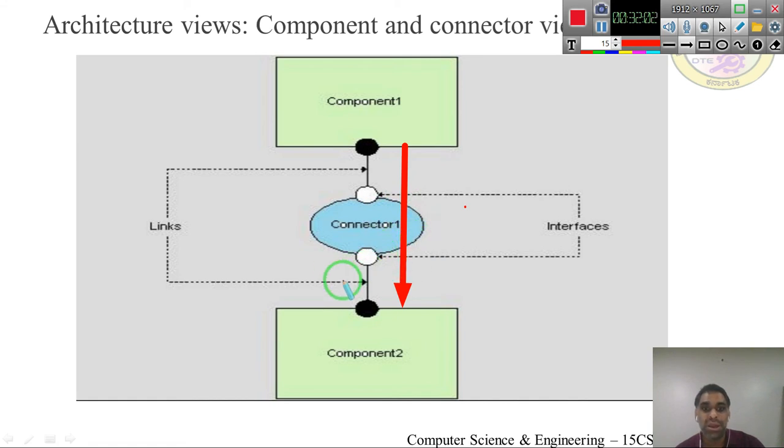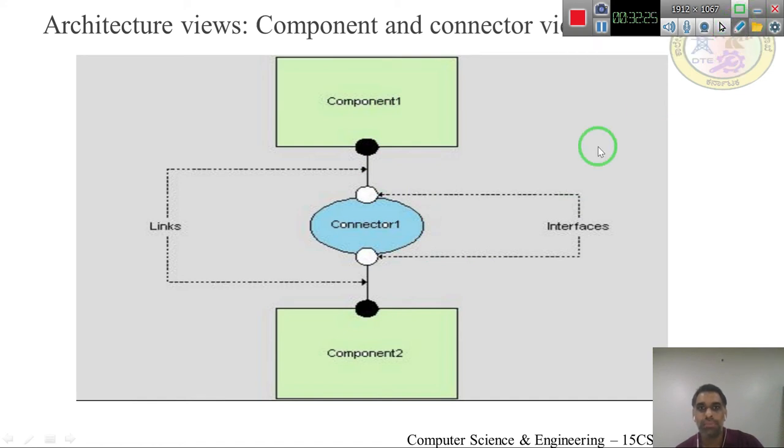Connector is nothing but a link which connects two components. Sometimes the connector may also have an interface. This interface would help you to establish a communication between these two components. Okay, so this is about component and connector view.